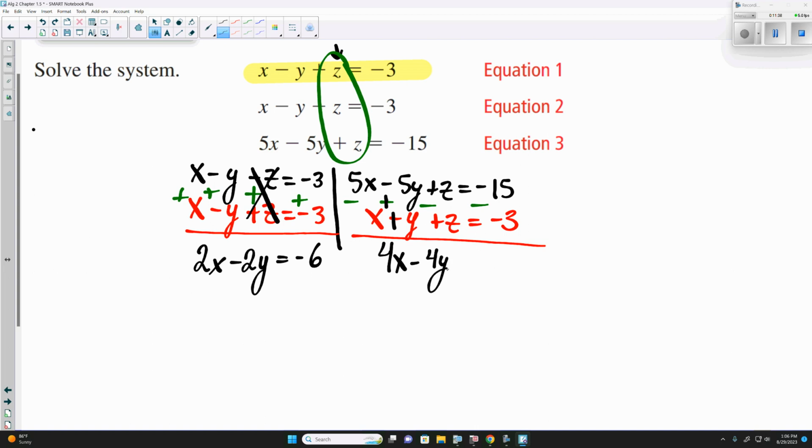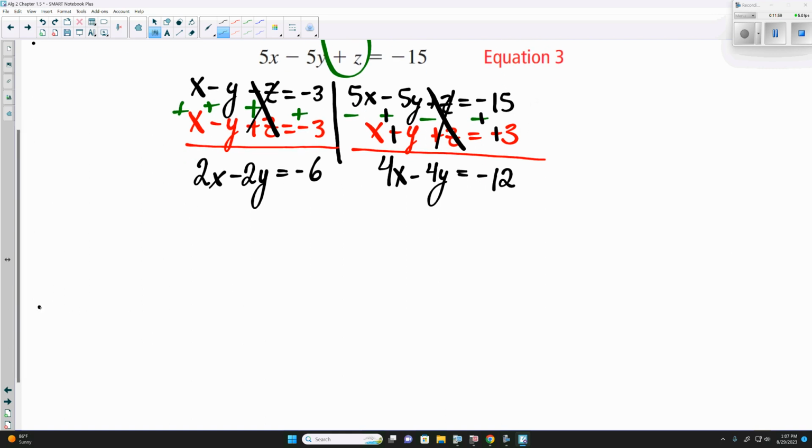Z minus z is 0, just like we wanted. Negative 15 minus negative 3. Well, the negative makes a plus. And negative 15 plus 3 is negative 12. Questions on how we got to our two equations with two variables?